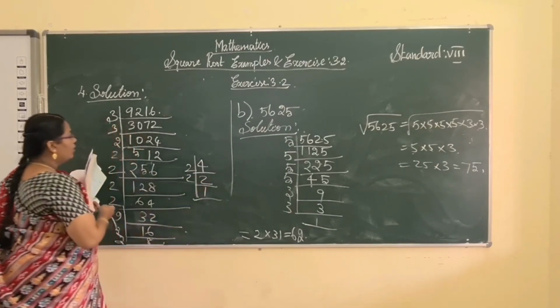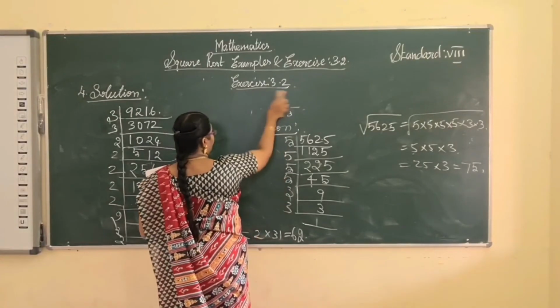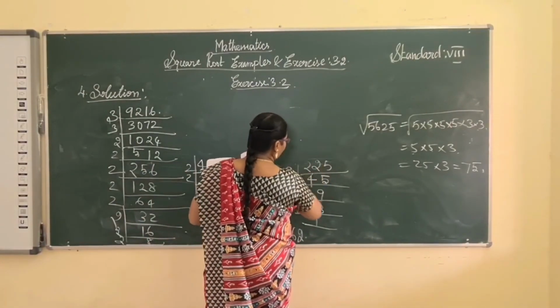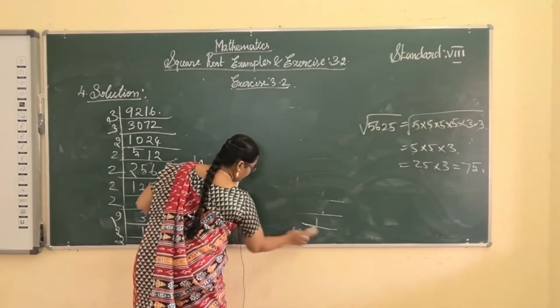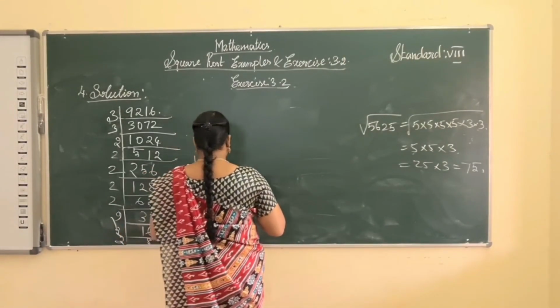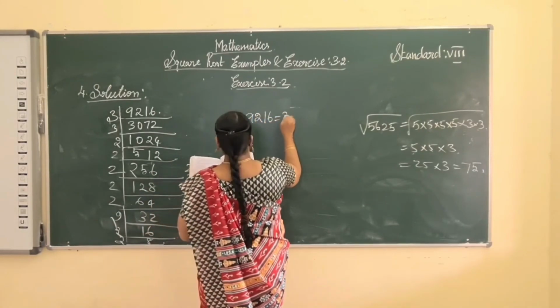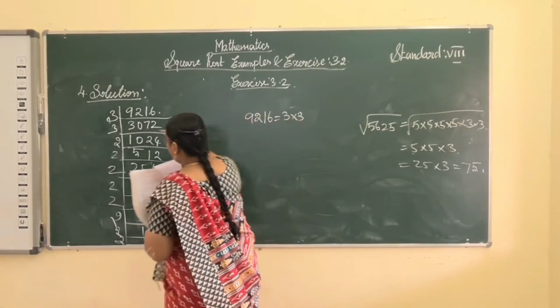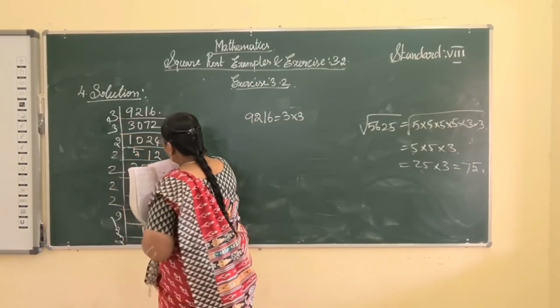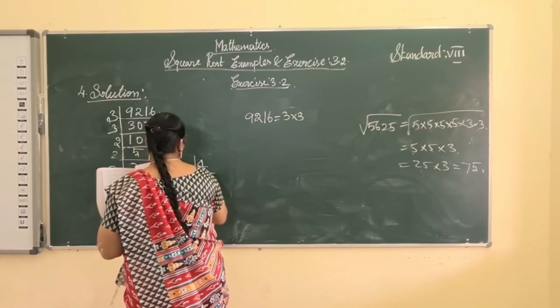Okay, now write. So for the number of saplings, 9216 is equal to 3 into 3. How many times? 3 repeated 2 times. 2 repeated 10 times.